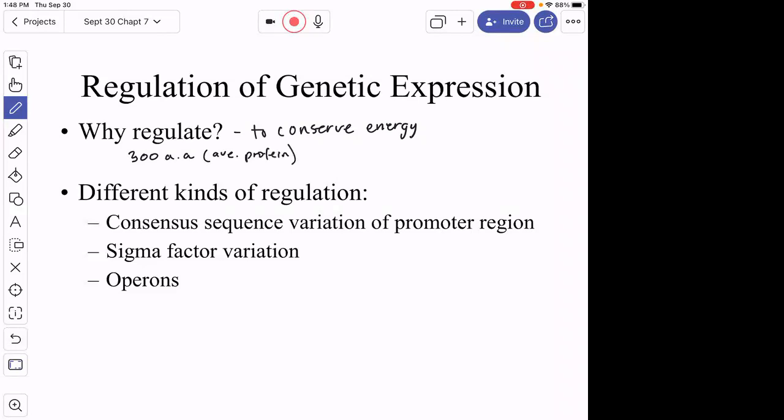I want you to turn to your neighbor and just guess how many ATPs it costs a cell to make an average protein. Just guess to somebody, and then I'll tell you.